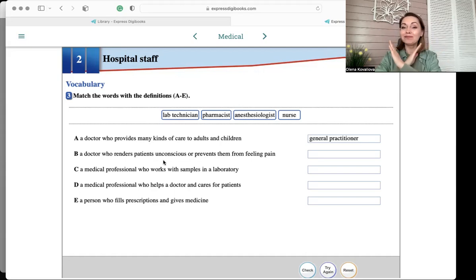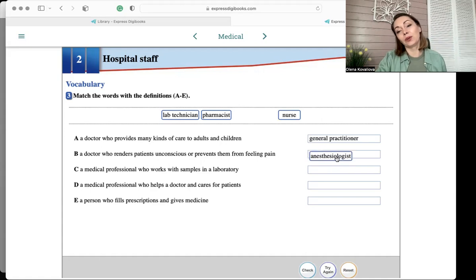Un показує нам протилежне. Тобто цей лікар робить пацієнта unconscious, без свідомості. Or prevent, ми знаємо, превентивні заходи, да, запобігає them from feeling pain. So that's our anesthesiologist.